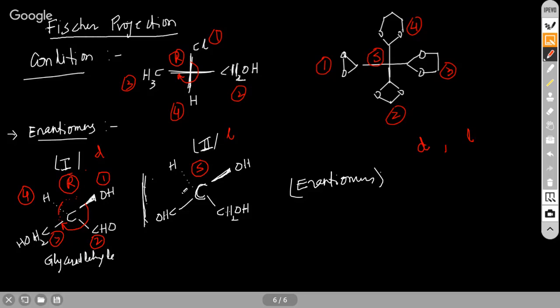Did you write this? Racemic mixture: it is the equimolar mixture of the two compounds which are enantiomers of each other. Got it?